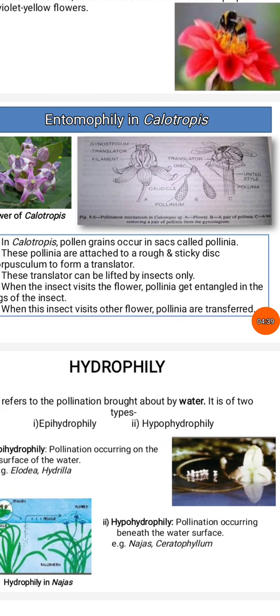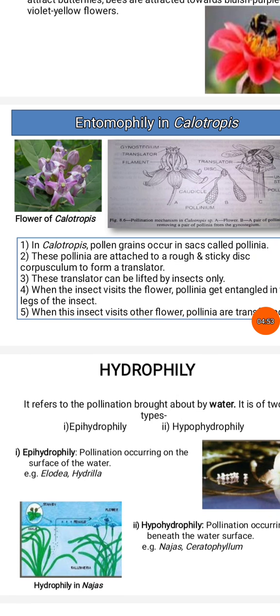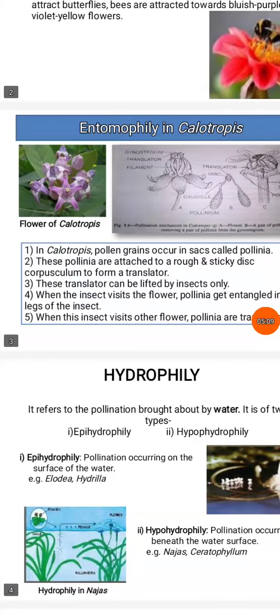If you see very carefully in figure B, these two pollinia where pollen grains are present, these sac-like structures, are attached to a structure known as the corpusculum to form a translator, and this translator can be lifted only by insects. So the insects visit the flower and the pollinia get entangled in the legs of an insect.